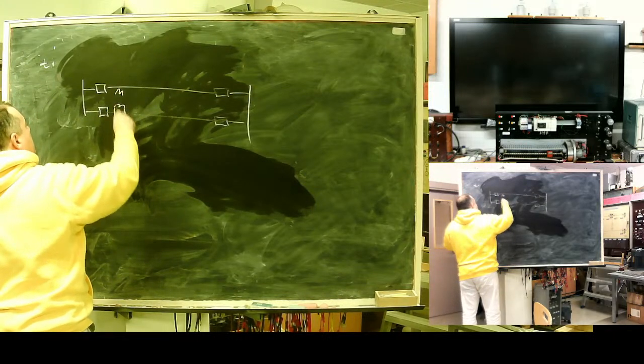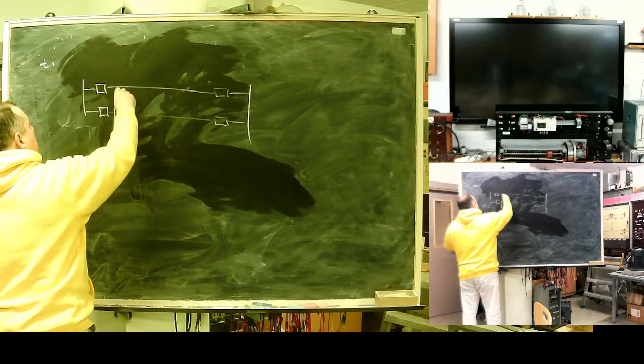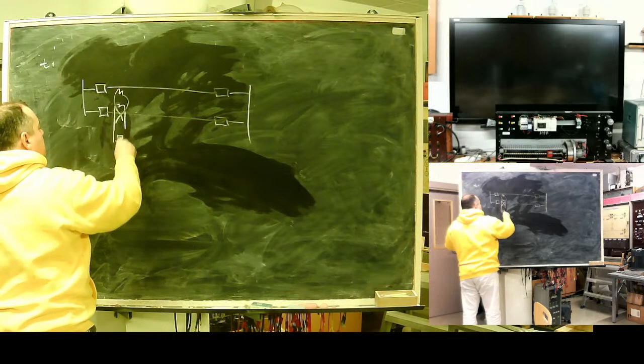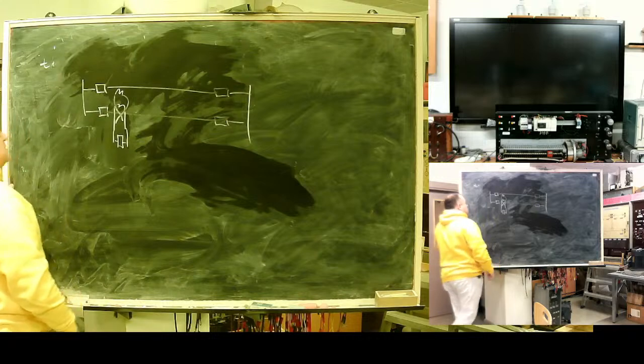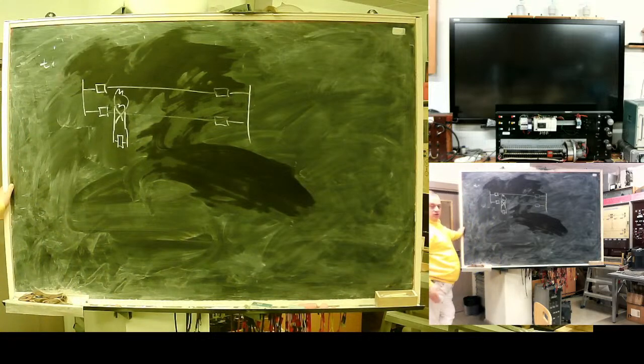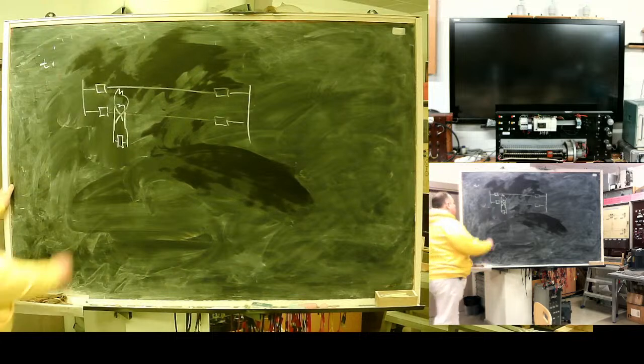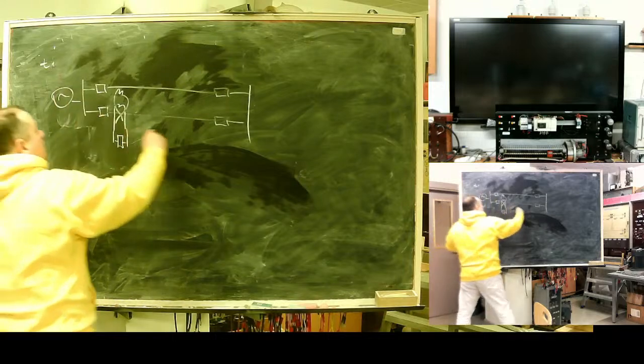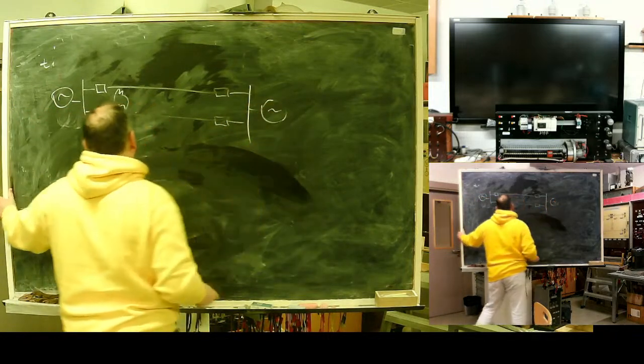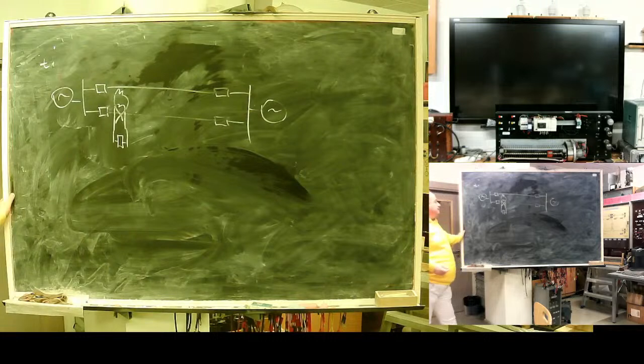One of the protections I really hate is this one. It's so-called cross protection of line. Cross protection of parallel line operates from the current difference between two parallel lines.